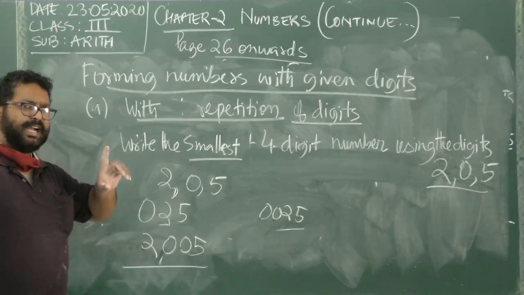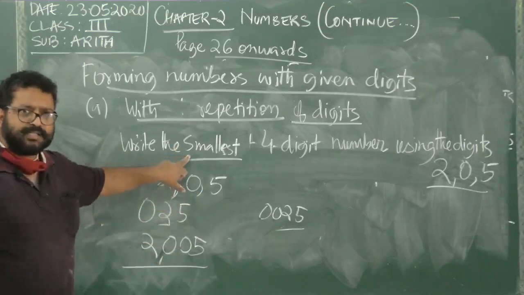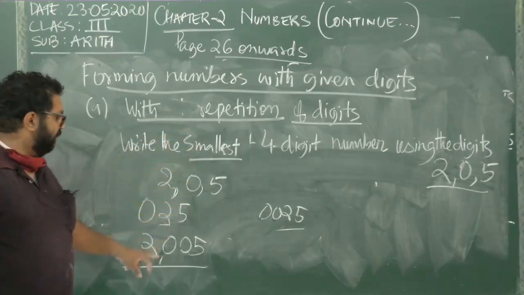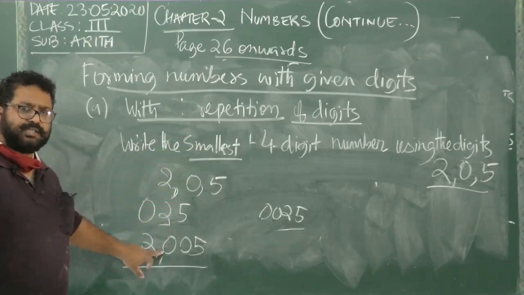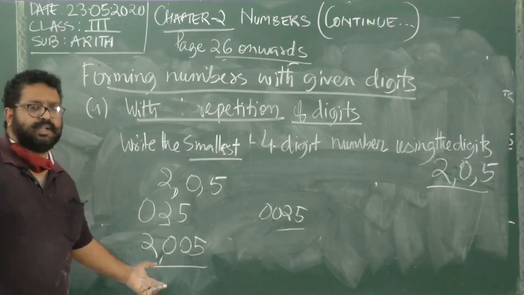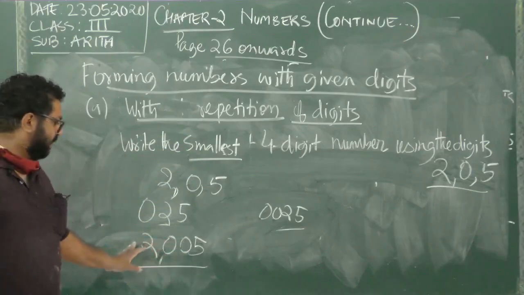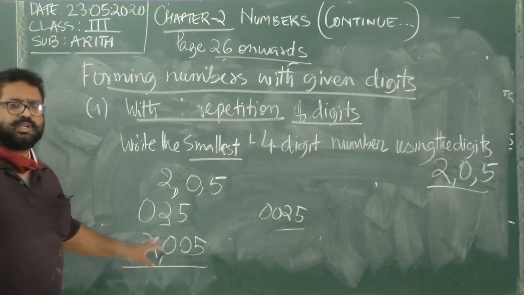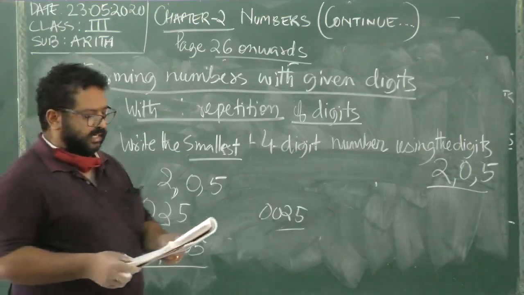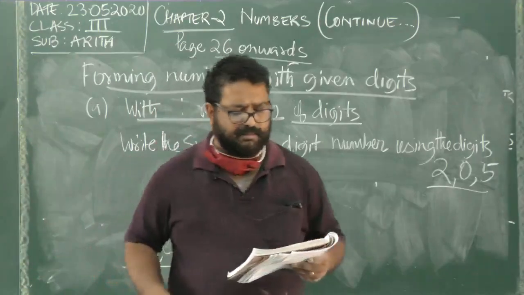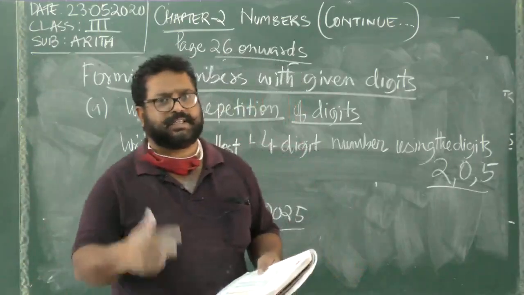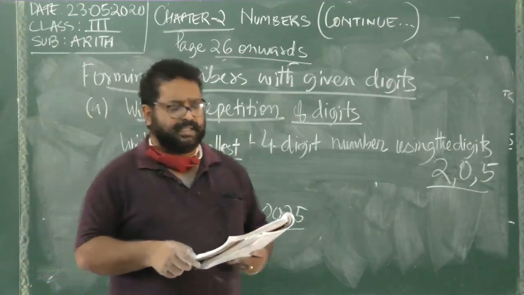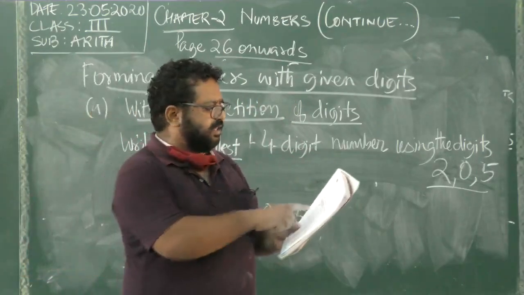Because we have to write the smallest and because we can repeat, we have taken 0 as the smallest number and we have repeated it. That is why we have 2005. That is your smallest 4-digit number formed by these 3 digits which are given, and we have the liberty to repeat these digits.